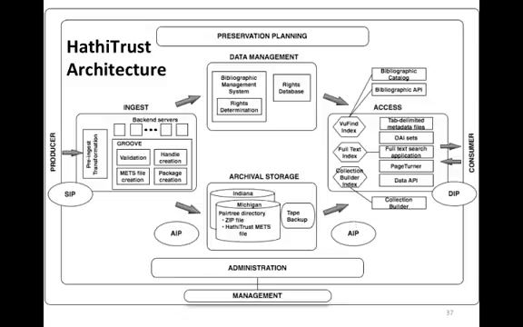This is the architecture for something called the HathiTrust. The HathiTrust is a system that manages the output of the Google Books digitizing process. And so in some ways this looks a little bit like a process model, doesn't it? And this one as well.